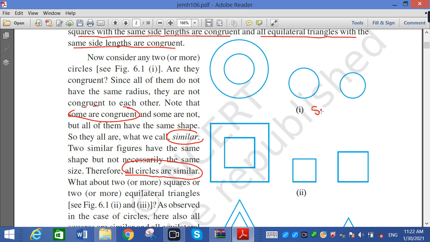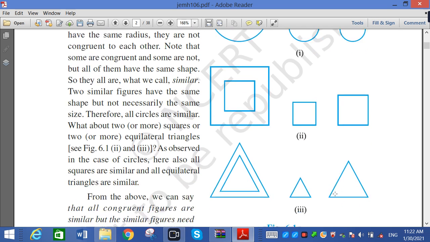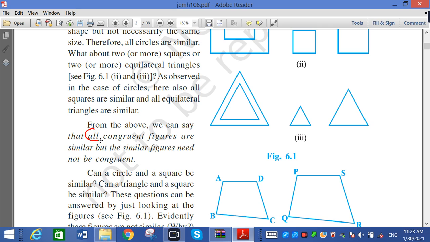These are all similar circles. So all congruent figures are similar, but similar figures need not be congruent, because congruent means same shape, same size. In similar, shape is same, size may vary.